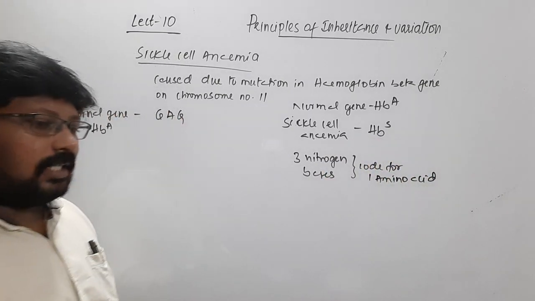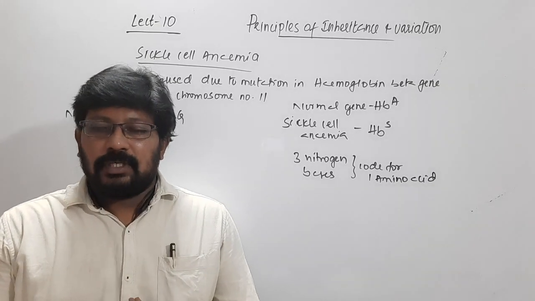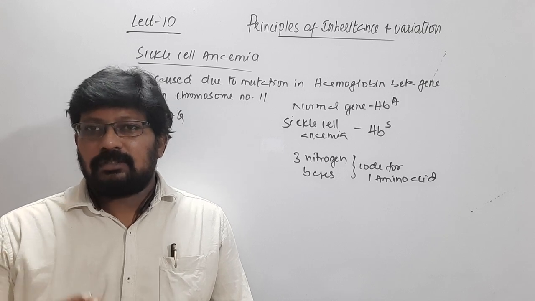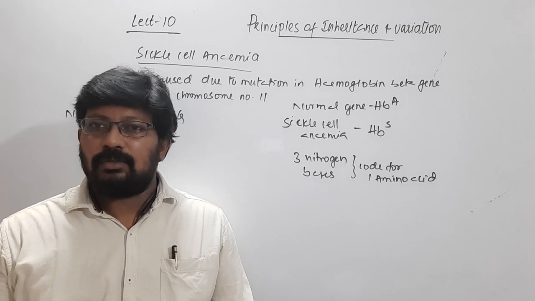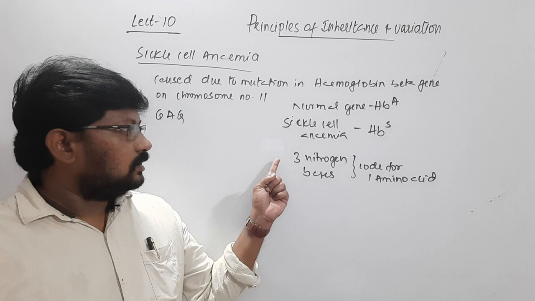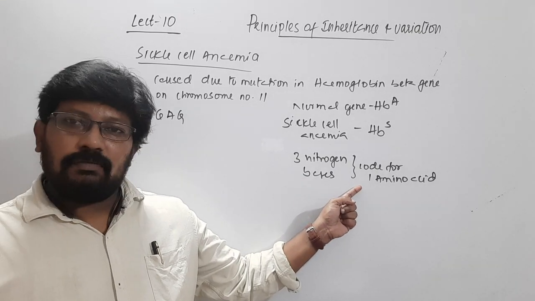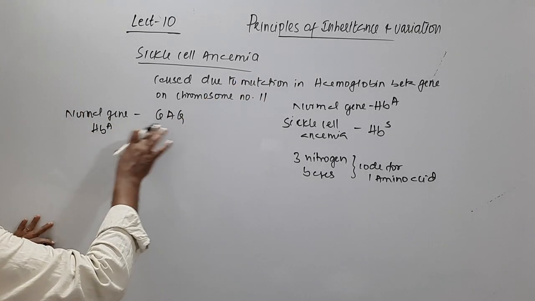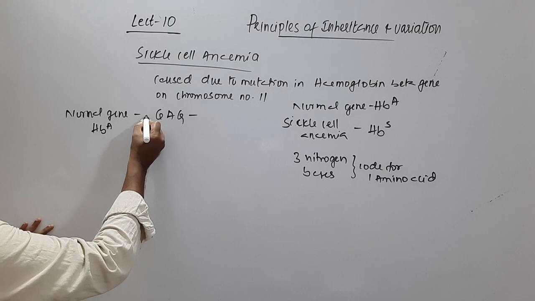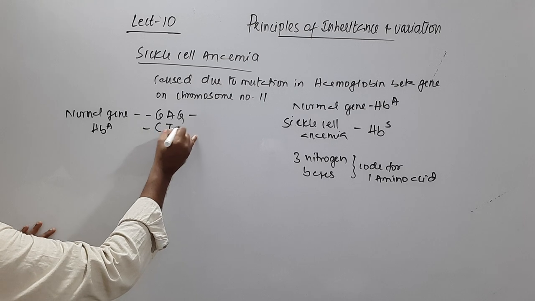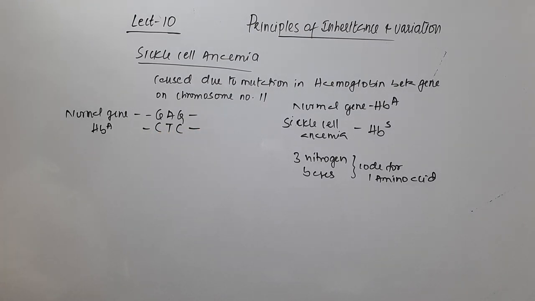Earlier, while discussing mutations, I showed you that the gene will be read three nitrogen bases at a time. That's what I'm mentioning again here. So in the normal gene, the two strands of the DNA, one has GAG and the other has CTC. This is the normal sequence.